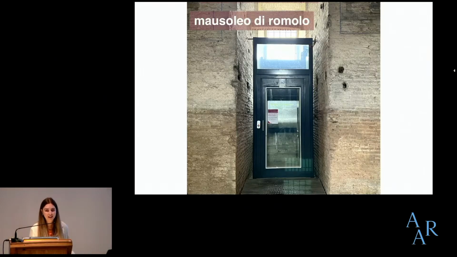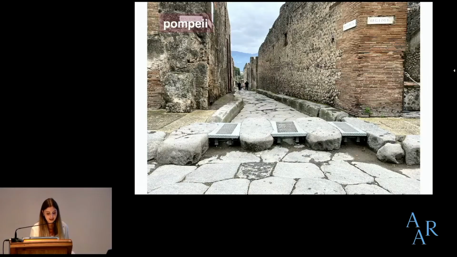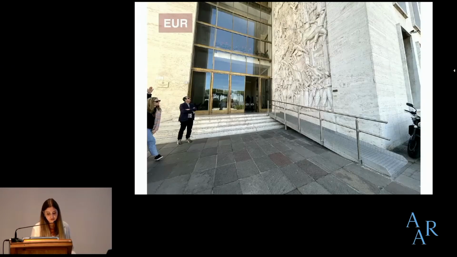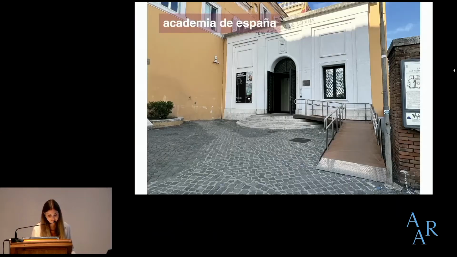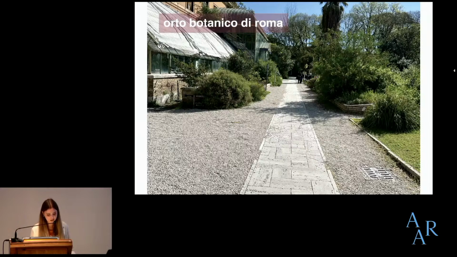Access can be created in tight spaces. Access can be implemented in standardized ways that provide safety and wayfinding. Access can even be found in Pompeii, where stones were used for people to cross over flooded streets. Even the fascists have done it once or twice. Our neighbors have done it at the Spanish Academy, the American University, and the Orto Botanico.